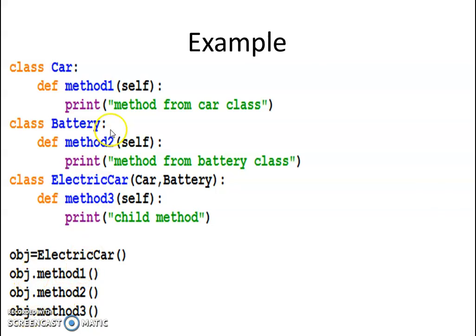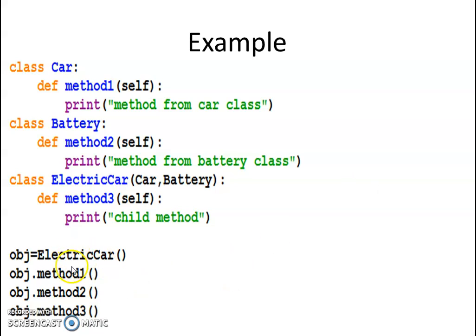As you can see, method1 belongs to the Car class and method2 belongs to the Battery class, and we are invoking method1 and method2 with the child object. It means this child class has inherited features from the parent classes, and when we run this code you can guess the output.